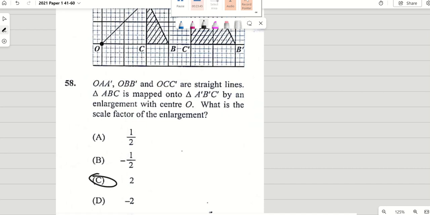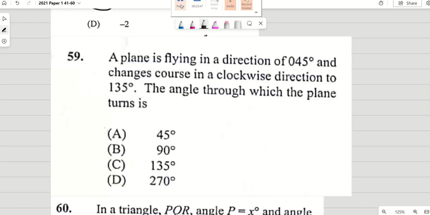All right, and that is how you do this question. Number 59 says a plane is flying in a direction of 45 degrees and changes course in a clockwise direction to 135. The angle through which the plane turns, so it is 1. Right. So this question tells us 135 is equal to 45 plus some angle it turns. So what is that some angle?